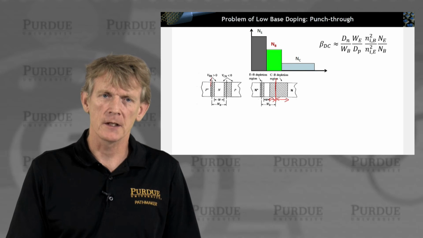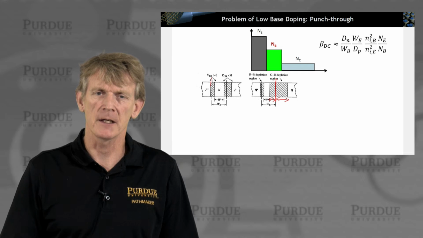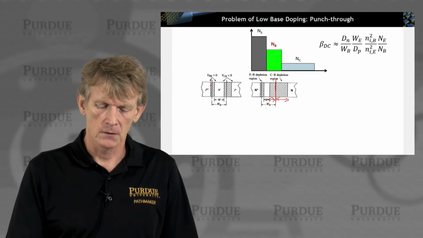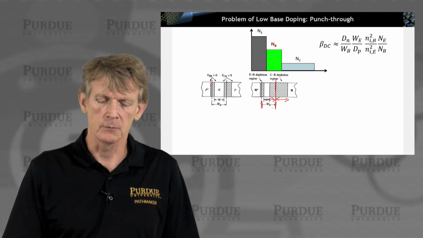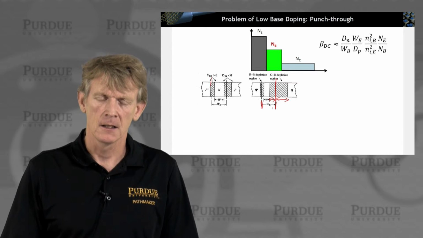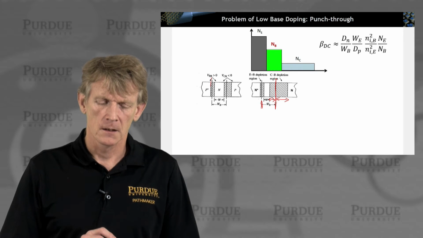So I'm encroaching on the physical space in the base. While the metallurgical junction width might be WB, the electrical junction, as indicated here in W, is smaller than that. Okay?